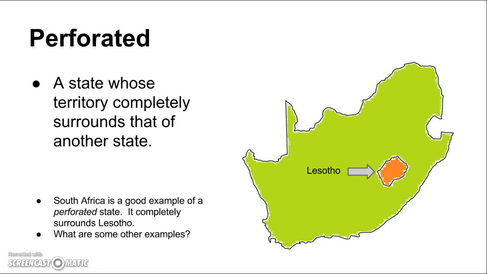And it can lead to a larger tendency for things to break up. Another example could be in the United States. There are areas that are designated as Indian territories that are sovereign nations within the country of the United States. So it's a little different from this situation, but it is still considered a perforated environment.